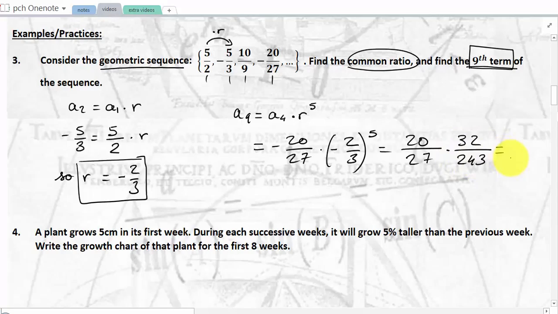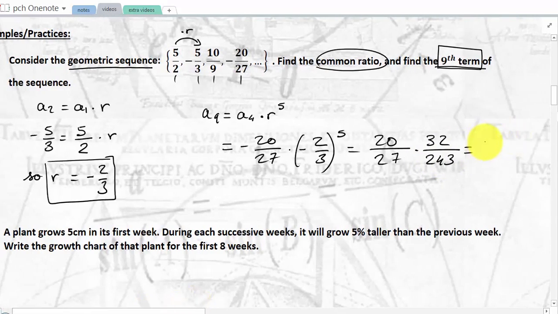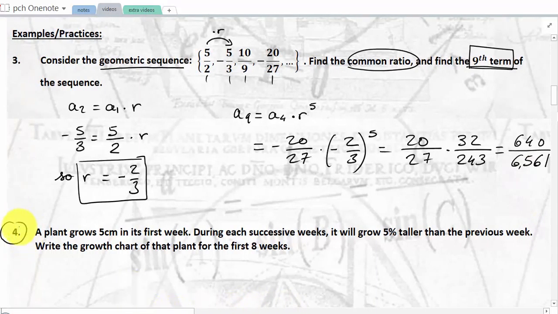And of course here use a calculator, you would find 640 divided by 6,561. All right. You do the next example. This is not much more difficult. Please remember the investment model also for that. That would help you. It's exactly the same thing as it was for an investment model.